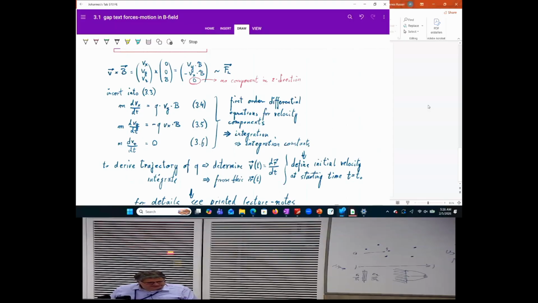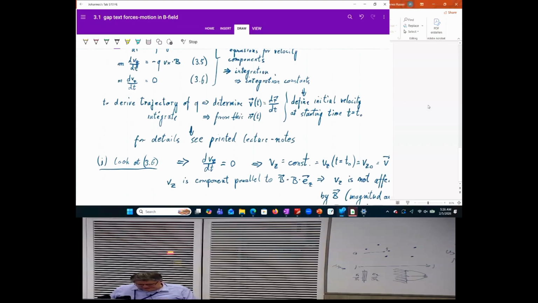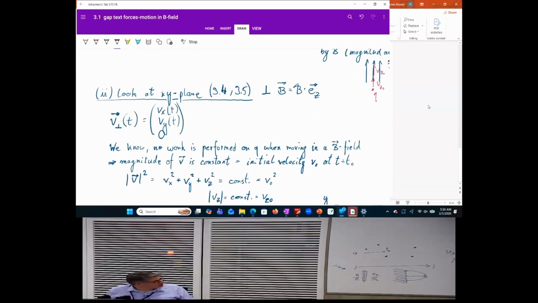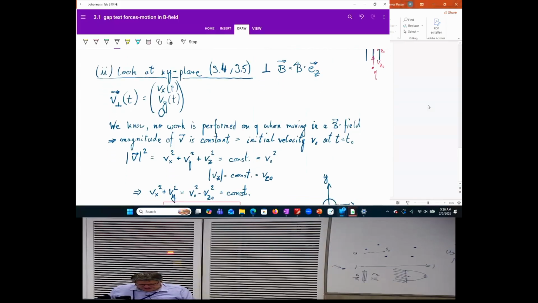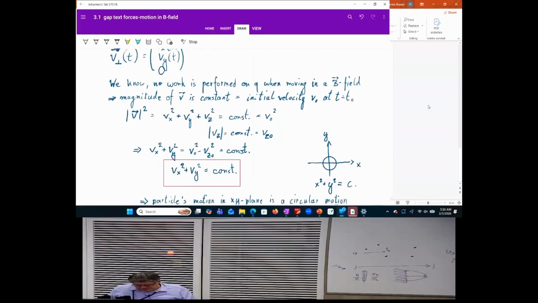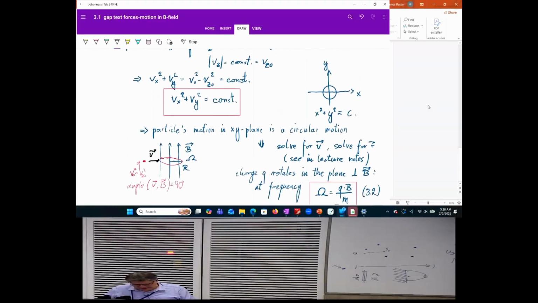But our reasoning is, if you look at the components perpendicular, we know the Lorentz force is not adding any energy to the system. Our total velocity in the perpendicular plane, perpendicular to the B field, must remain constant, and for that reason we have a circular motion.